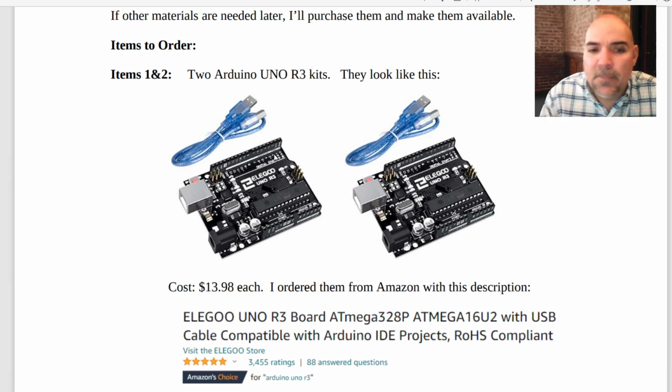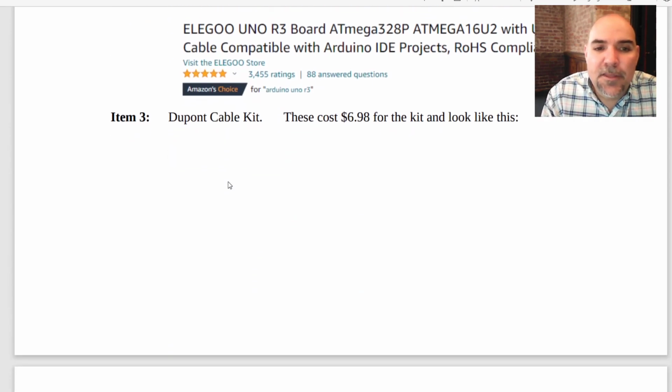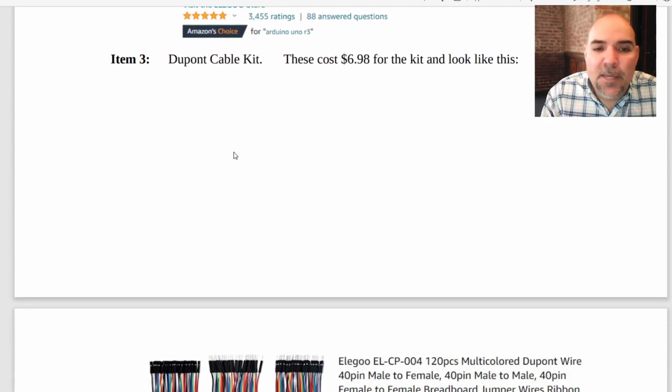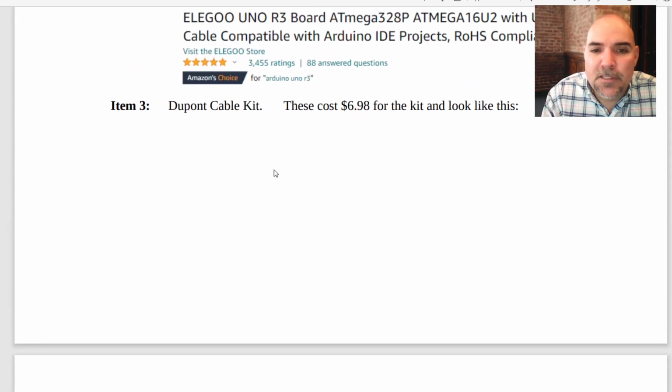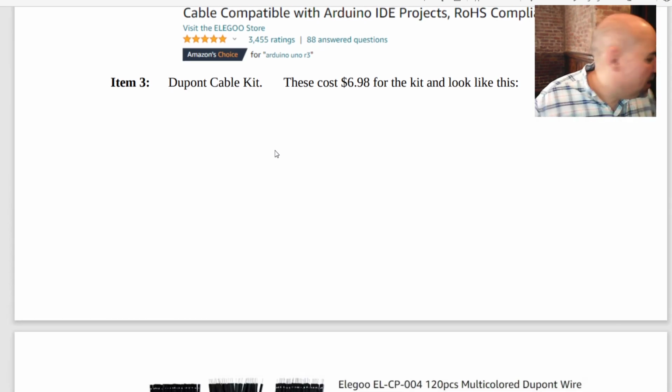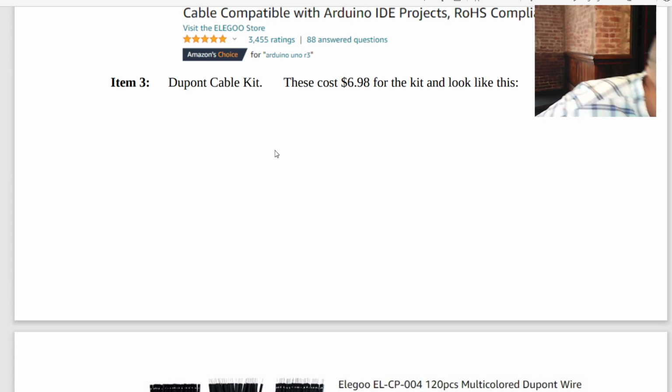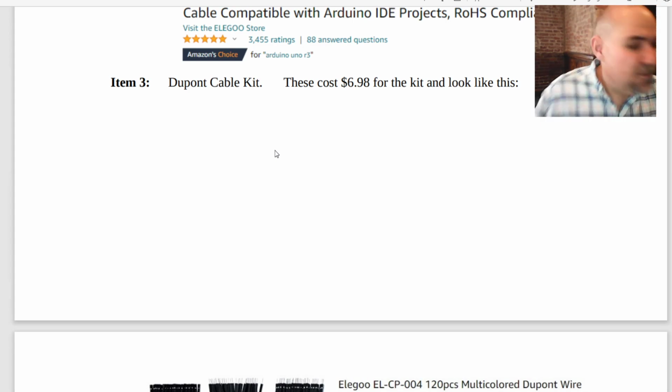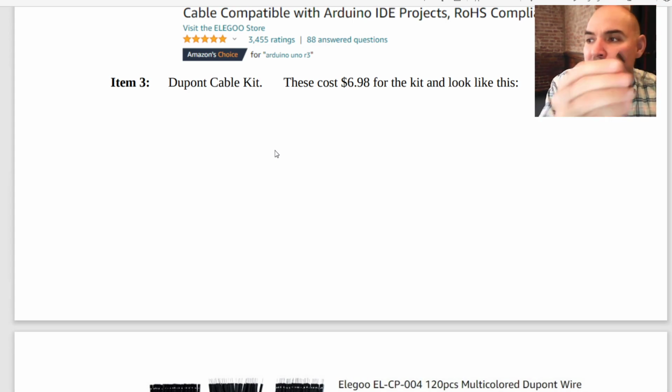All right, the next thing you're going to need is this Dupont Cable Kit, which this paginated funny. I'll fix that when I post it to the course page. But notice the Dupont Cable Kit. Dupont cables are... I usually have some of these sitting around near me, but here's some. Essentially, Dupont cables are these cables that have these little black plastic connectors on them.